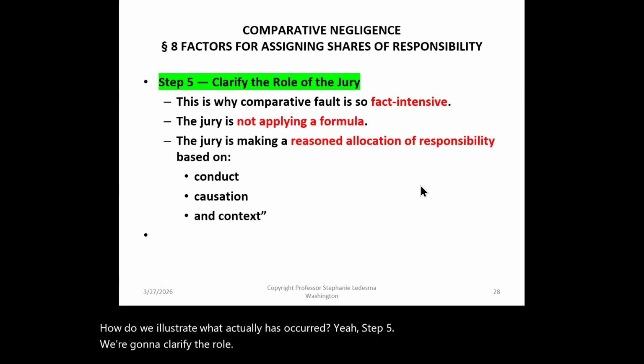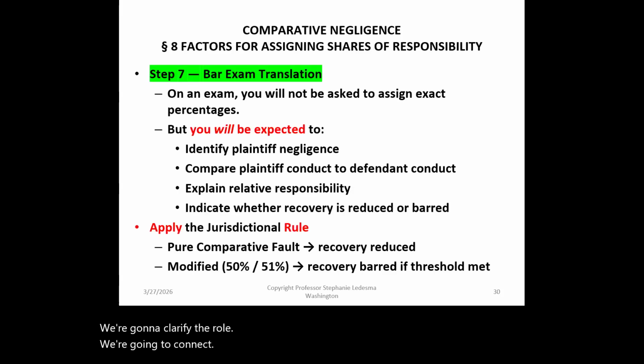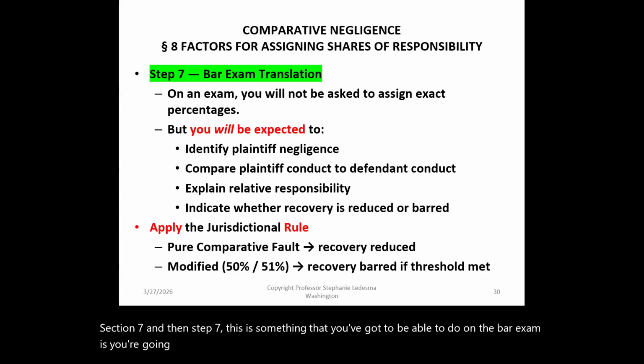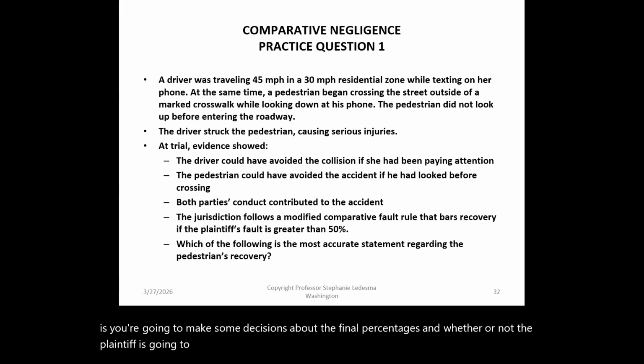Step 6, we're going to connect section 7. And then step 7, this is something that you've got to be able to do on the bar exam, is you're going to make some decisions about the final percentages and whether or not the plaintiff is going to be able to recover. Let's take this out of the world of theory and let's apply an example.